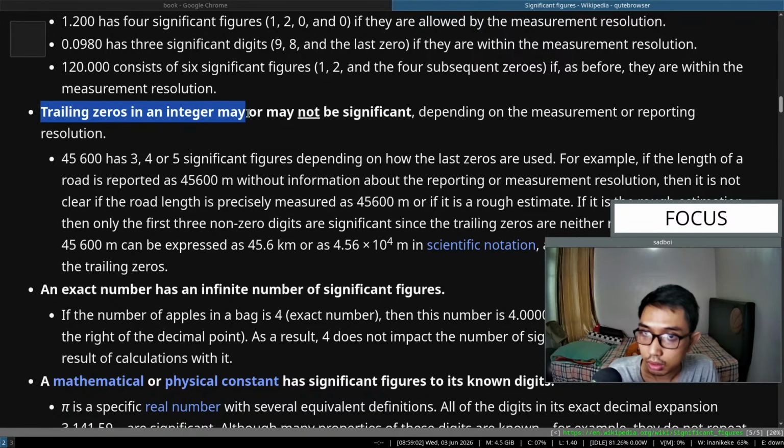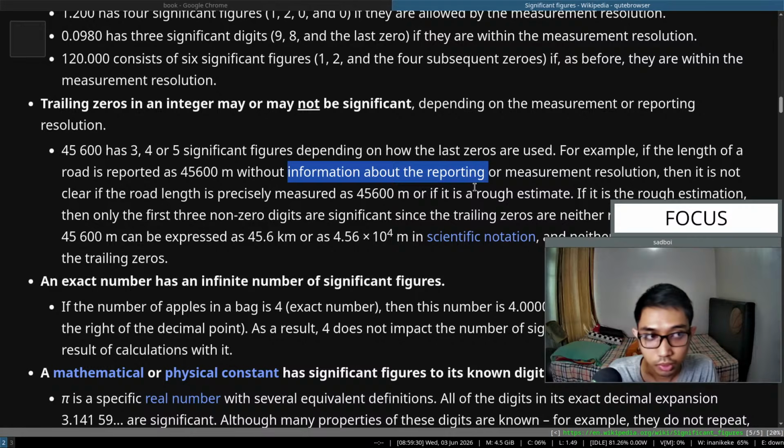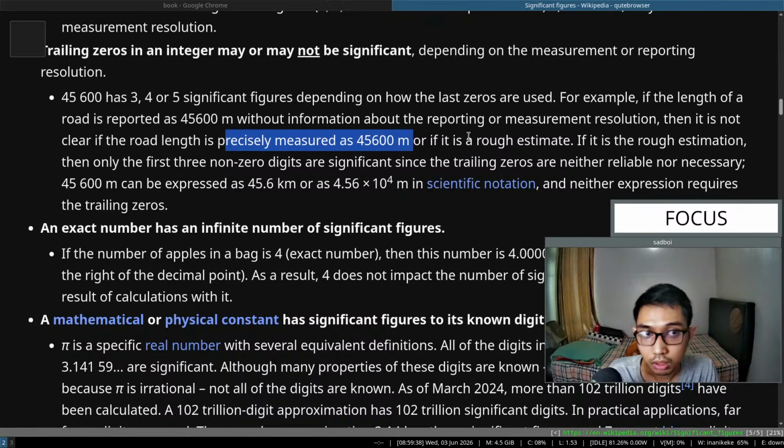Trailing zero in an integer may or may not be significant. It could be 3, 4, or 5 significant figures depending on how the last zeros are used. For example, if the length of a road is reported as this one, without information about the reporting or measurement resolution, then it is not clear if the road length is precisely measured as this one or if it is a rough estimate.